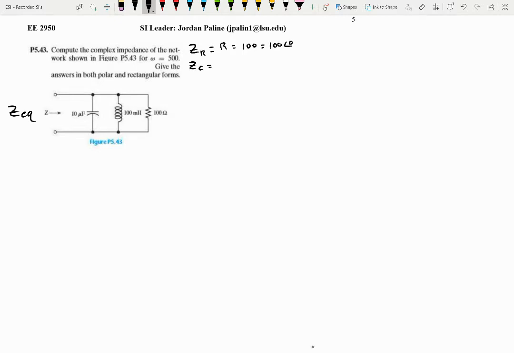Z of C is going to be negative j over omega C, which is negative j over omega, which we said is 500 radians per second. And C is 10 microfarads.